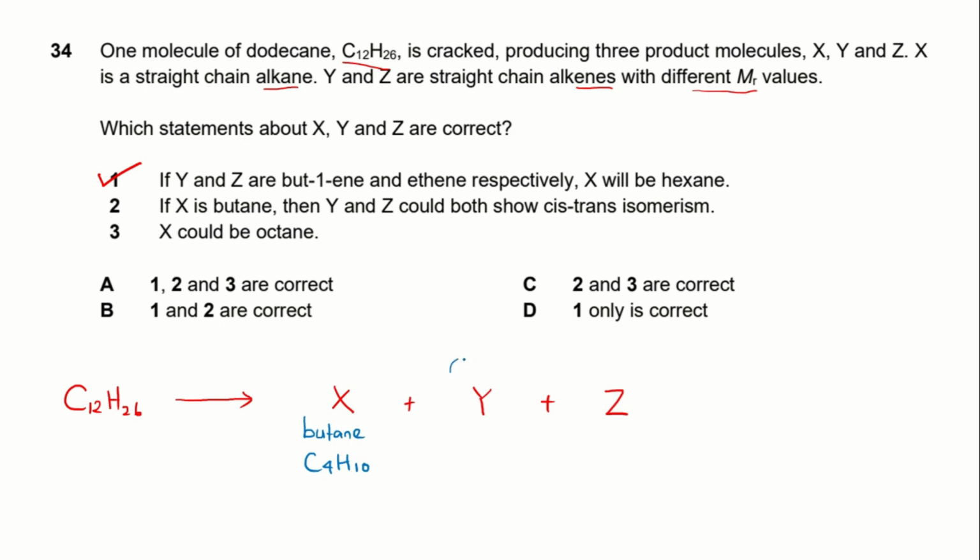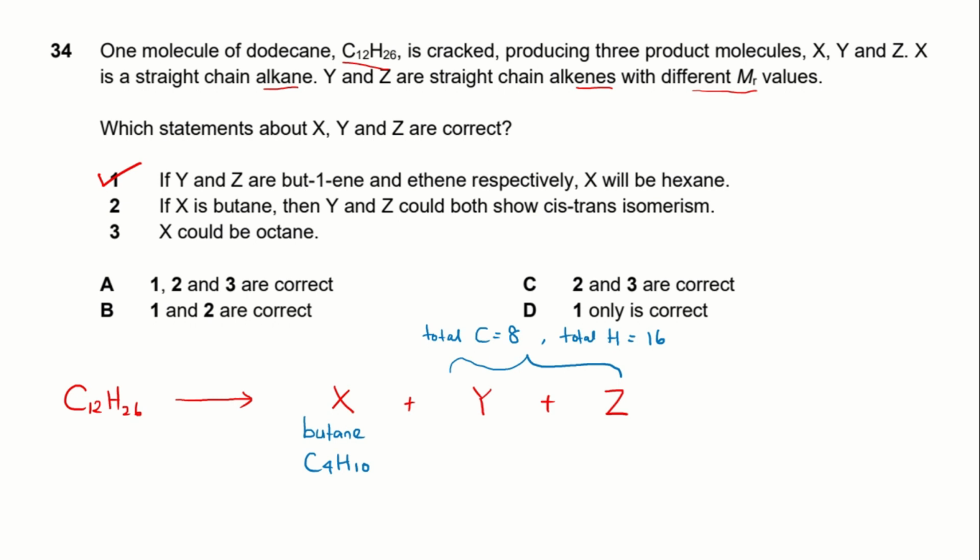So the total number of carbon atoms in Y and Z will be 12 minus 4. And the total number of hydrogen atoms in Y and Z will be 26 minus 10, which is 16.